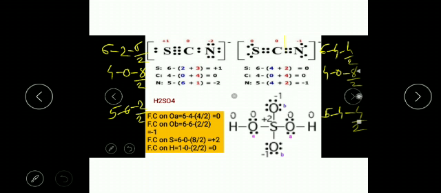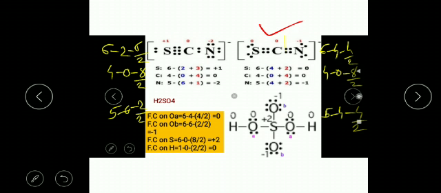Here this compound is more stable, because the most electronegative atom in this is nitrogen, and for the nitrogen there are two possibilities, one having a minus 2 charge and one having a minus 1 charge. So minus 1 charge is the more stable one. So this structure is accepted.